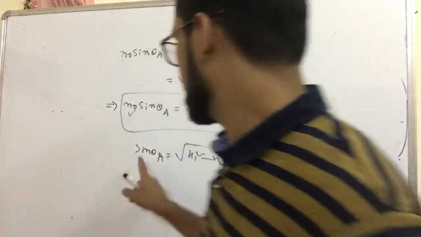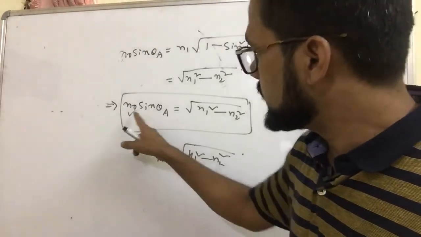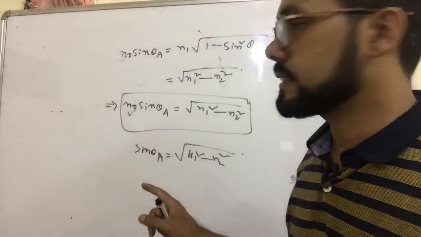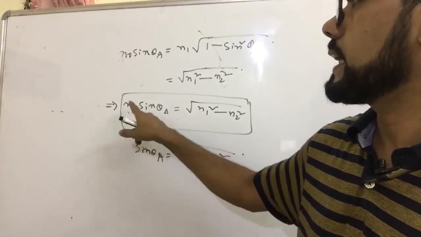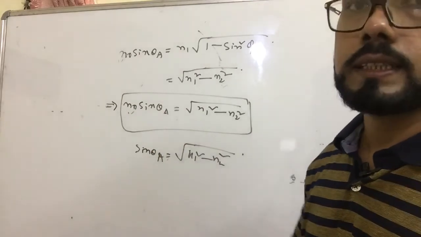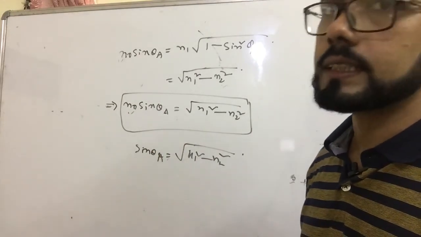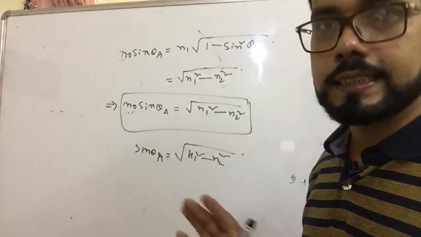Theta A is the acceptance angle, and this is known as the numerical aperture. Numerical aperture is this parameter, n0 sin theta A. For air, n0 equals 1, that's why I am writing sin theta A.